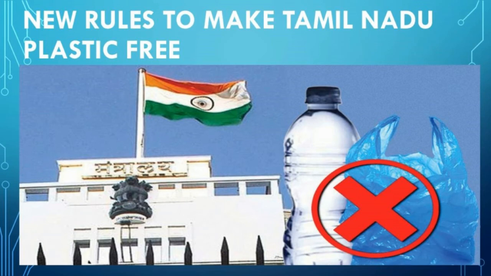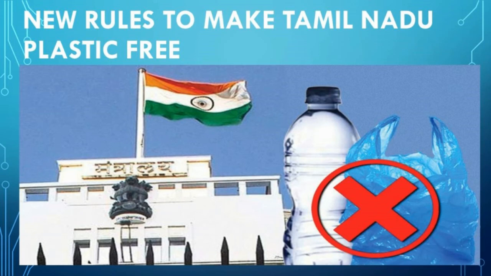Environment and Forest Department, Tamil Nadu Government Order number 84, dated 25/6/2018. As per the government order, the Tamil Nadu government has banned the usage of one time use and throw away plastics from 1st January 2019.